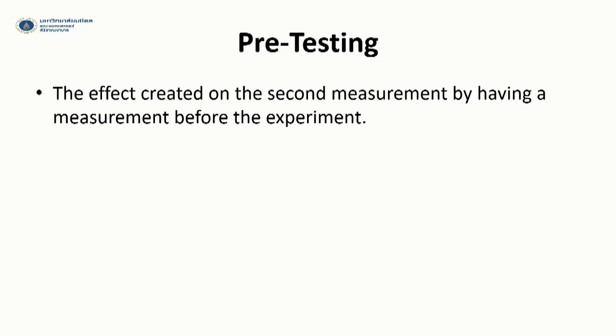For example, if you give questionnaires to participants before and repeat the questionnaire after the teaching or after the test, then usually the second measurement is much better than the first. So pre-test can affect the post-test outcome. But if it's acceptable, then this should be fine. But if you want to test the pure outcome, then maybe you don't want to give the participants the pre-test.